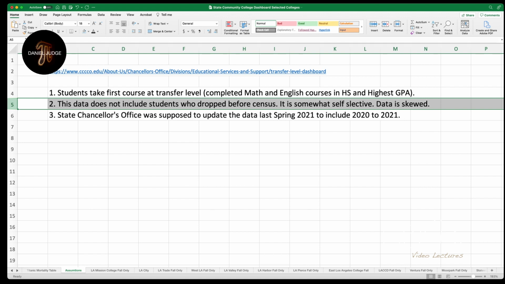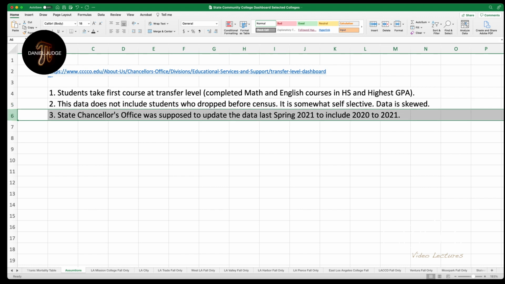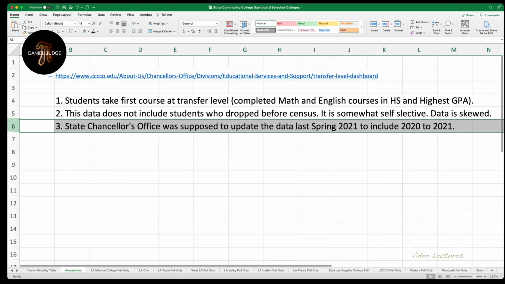I think they should have included those people if they wanted a clearer picture. Now, that means your data is somewhat skewed and self-selective, right? These are people who felt that they can succeed in the course because we want to include that data, but they didn't.